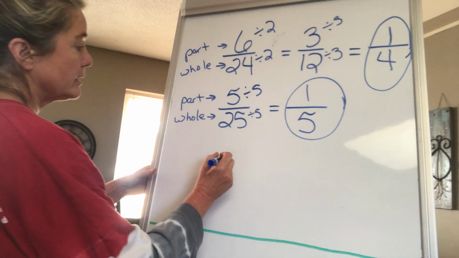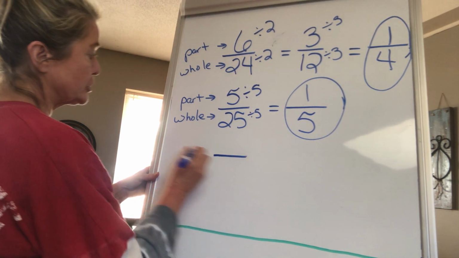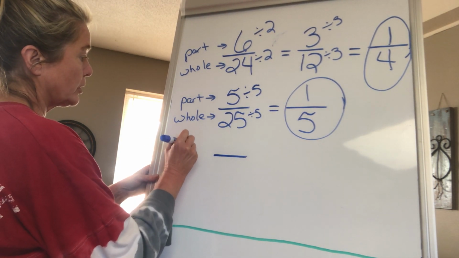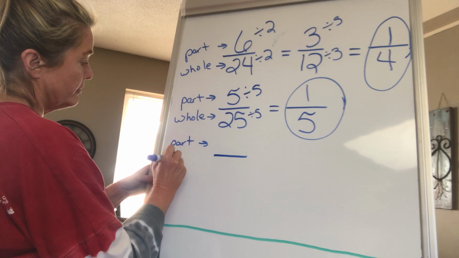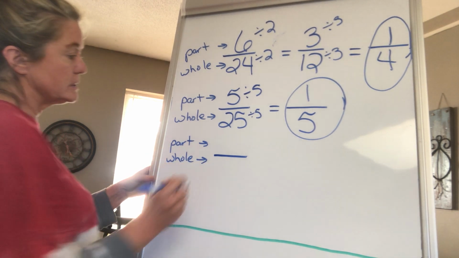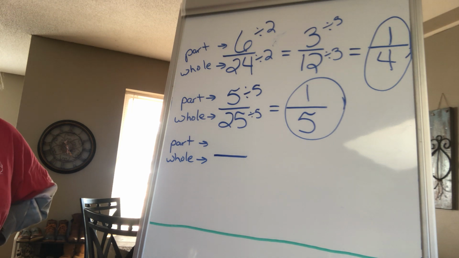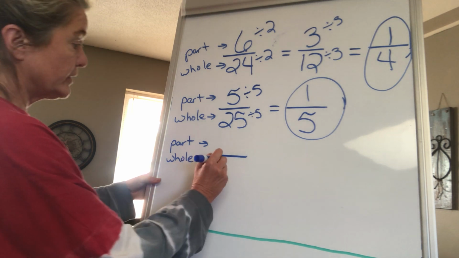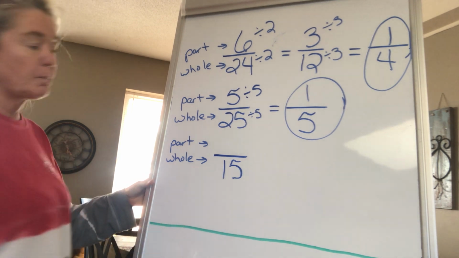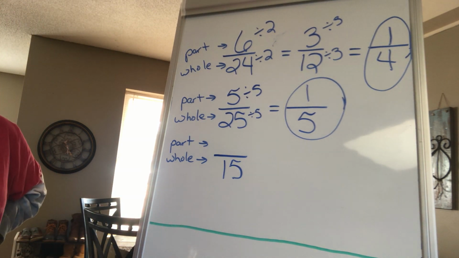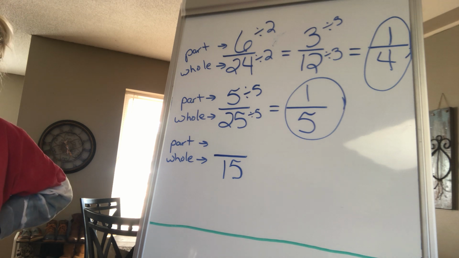So first of all, again, we know we're looking for a fraction. So we're looking at the part of the roses versus the whole amount of roses. The whole amount of roses that Emily had was 15. And then the question asks us what part or fraction of those roses were red.